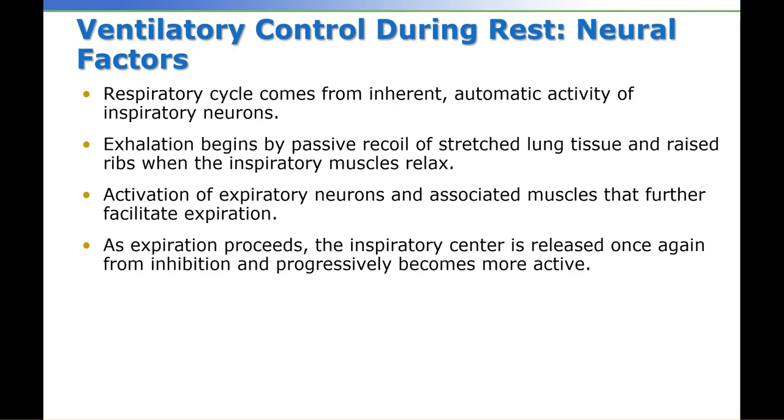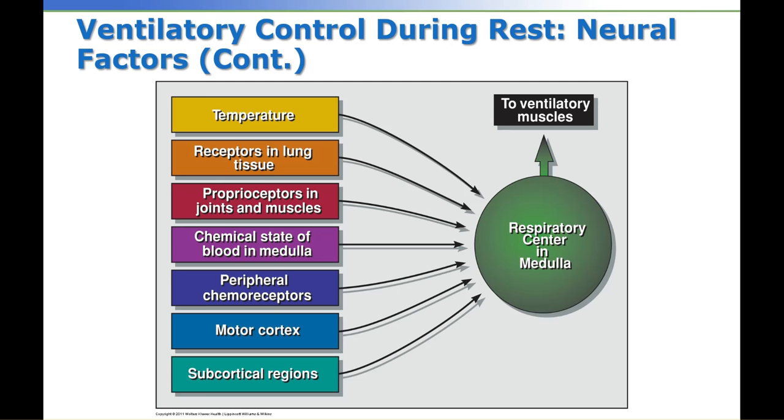Activation of expiratory neurons and associated muscles further facilitates expiration. As expiration proceeds, the inspiratory center is released once again from inhibition and progressively becomes more active. Neural factors contribute to ventilatory muscles.